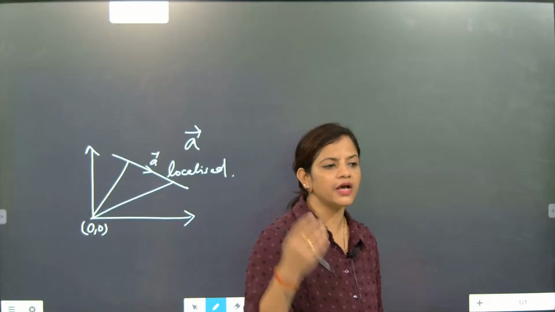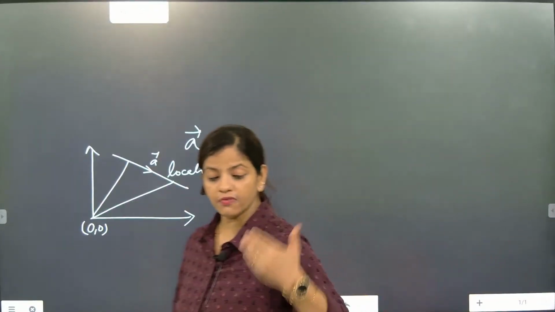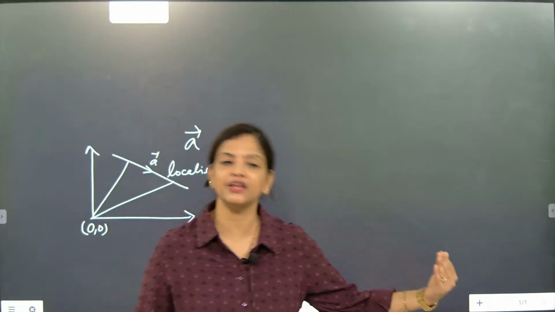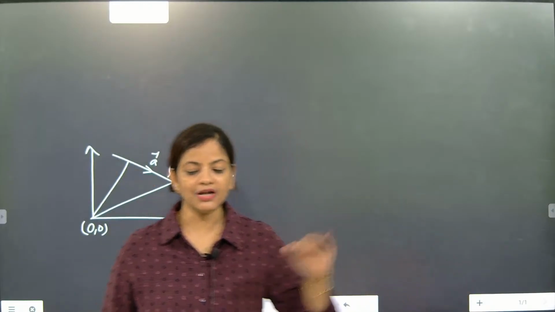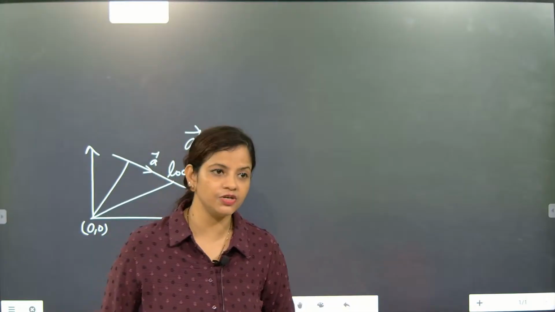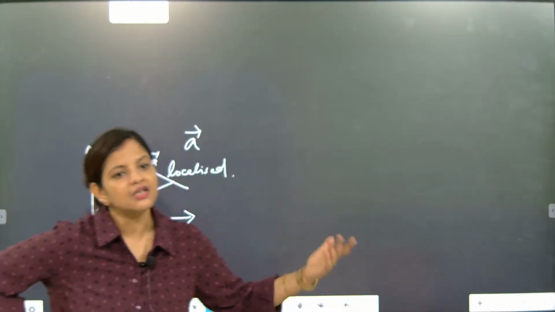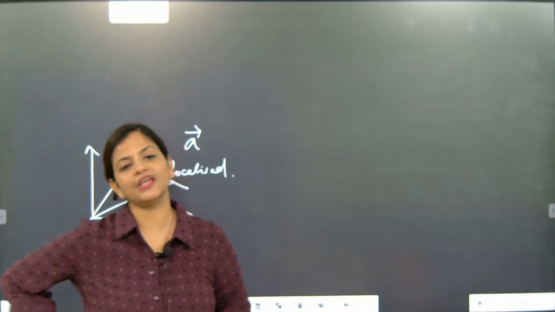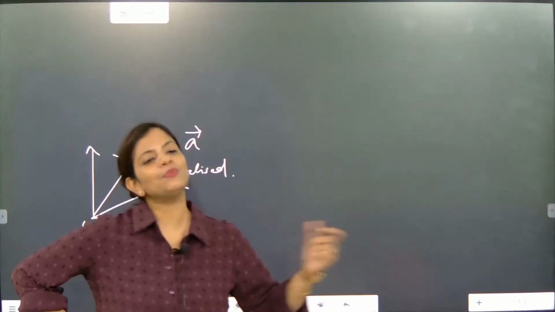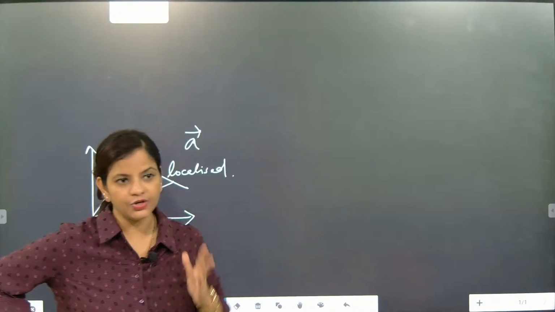Now beta, if a vector is multiplied 5 times, we can extend its magnitude. Got it? So multiplying a vector by some constant number can increase its magnitude, and the direction remains the same. Any number multiplied with a vector will increase the magnitude of the vector.